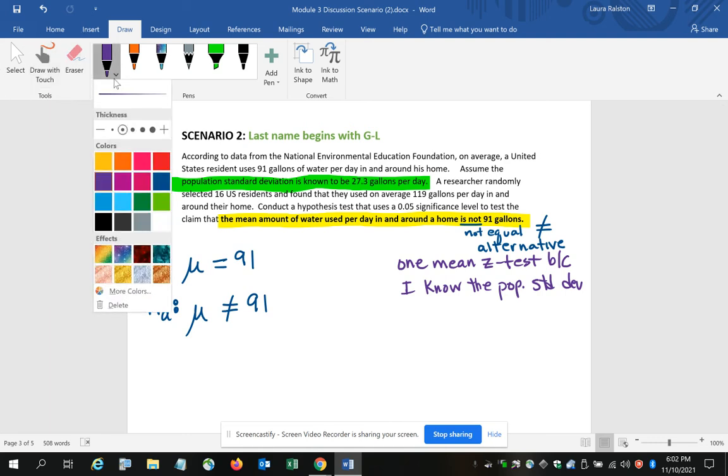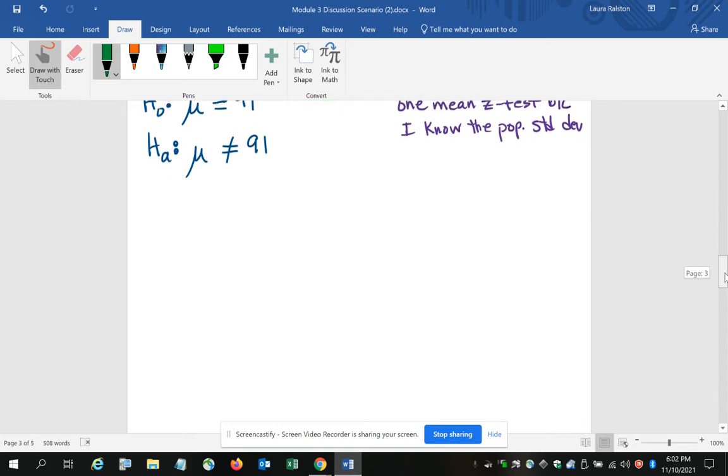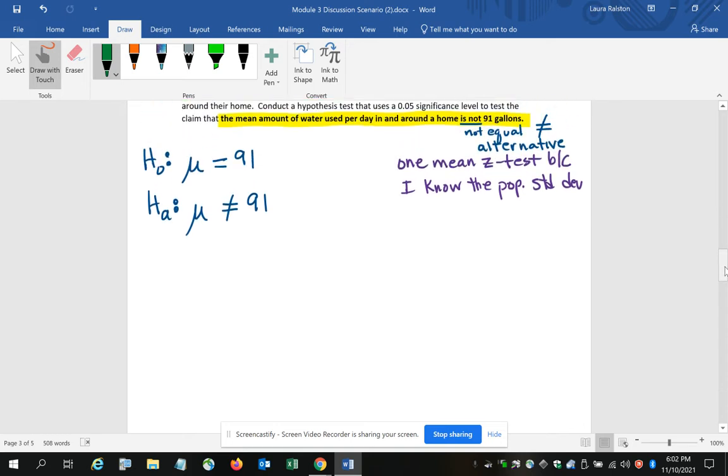If I'm doing a 1 mean z-test, then I need the population mean, the population standard deviation, the sample mean, the sample size, and the level of significance. Now, those 5 things don't change in terms of a Z test. So you may want to make yourself a note card that that's the things you need.